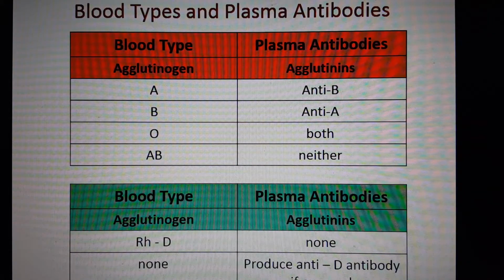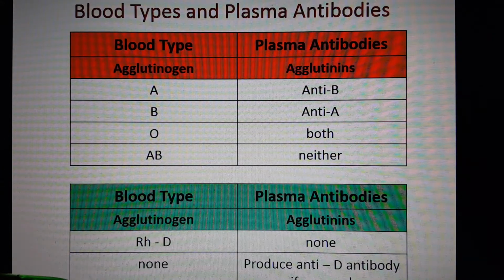On top of your ABO blood types, you also have blood types for the C, D, E agglutinogens, but your D agglutinogen is the most reactive, and therefore it's the one that we focus on. So the D agglutinogen is an additional agglutinogen on top of the ABO blood type.